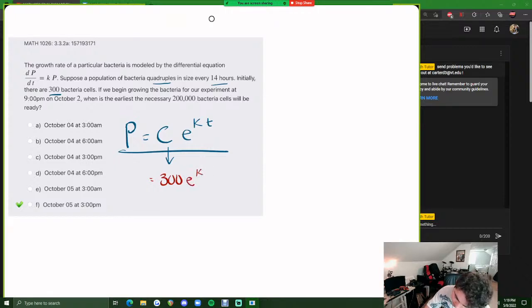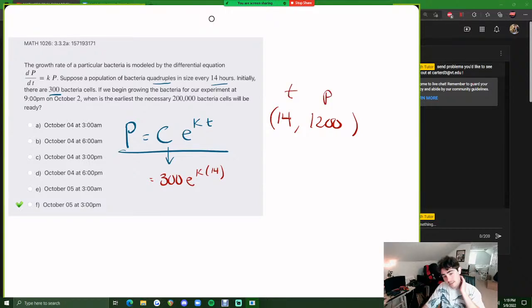Every 14 hours it quadruples in size, so starting from 300, to quadruple that takes us to 1200. It's almost like they're giving us an ordered pair, a T and a P value. So 14 and 1200: starting at 300, the population should grow to 1200.